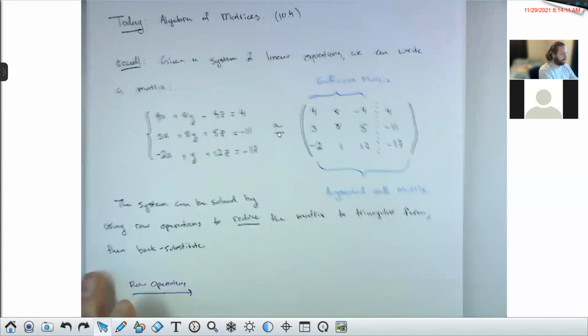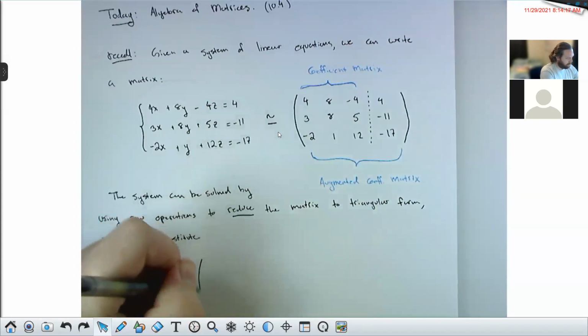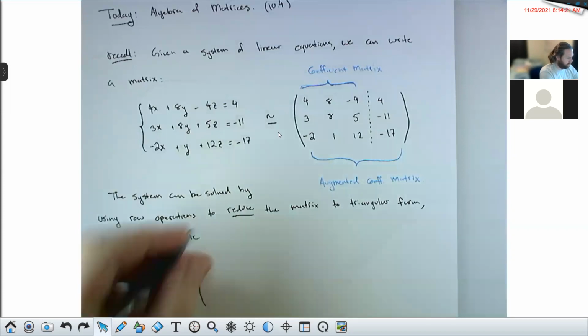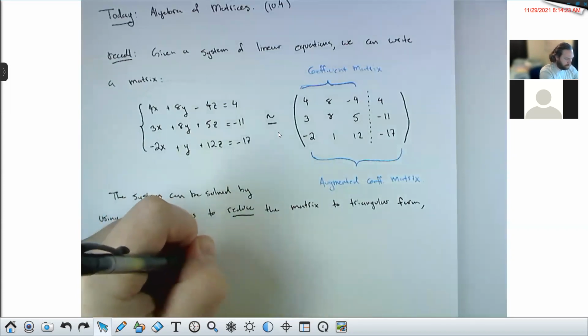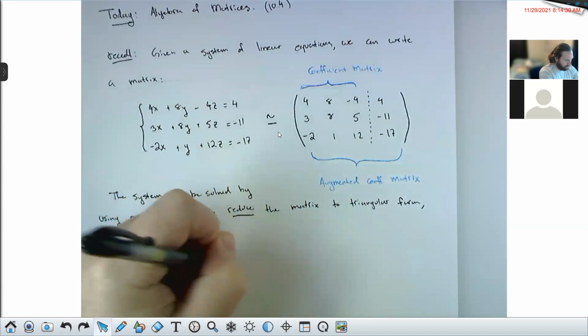In this case, after we do a bunch of row operations, what we would arrive at is the matrix. What we could arrive at if we put this all the way into this form.